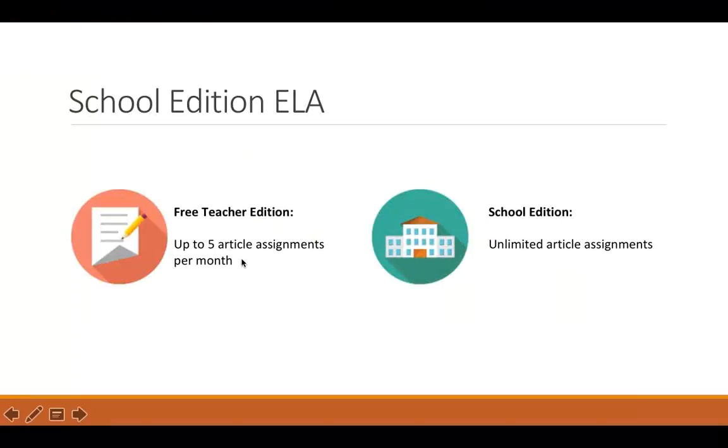So again, the free teacher edition, you get 5 article assignments per month. With school edition, you get unlimited article assignments, and you get full access to the student reports. Our ELA program is very new, and so we'll be developing more features soon.